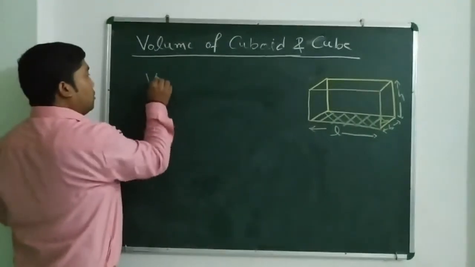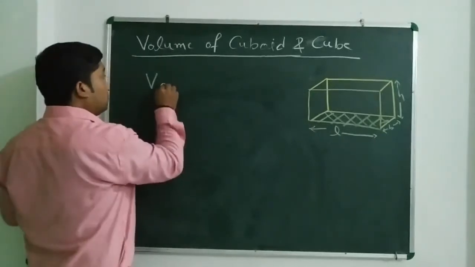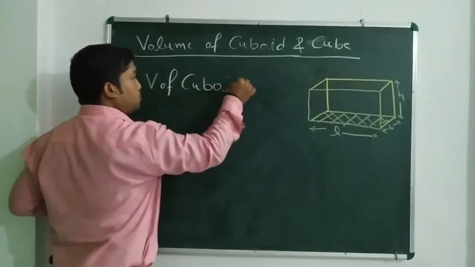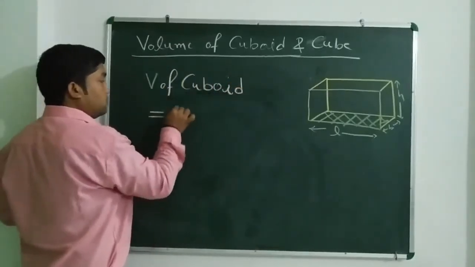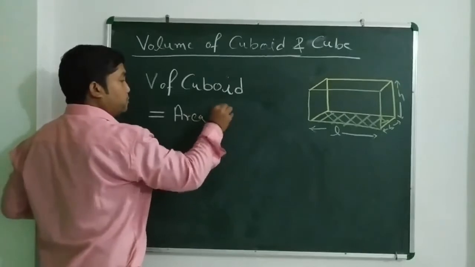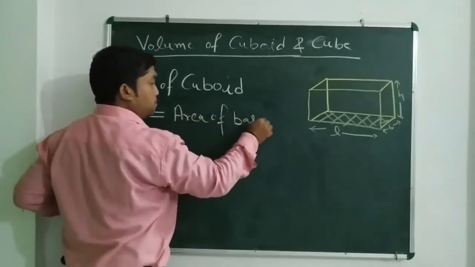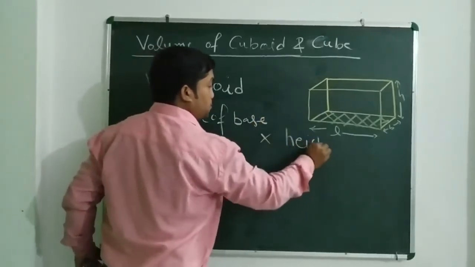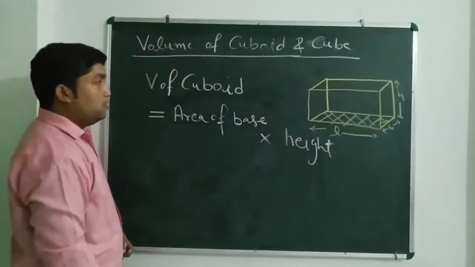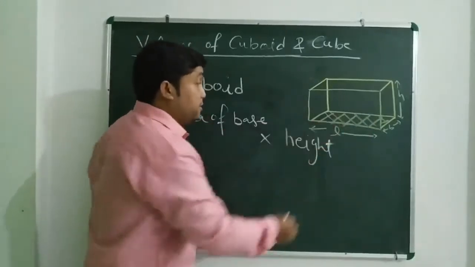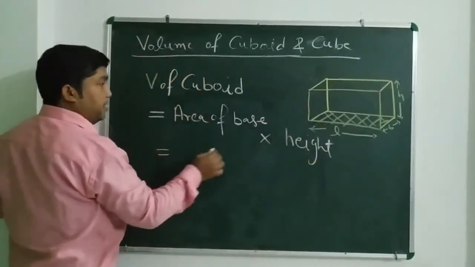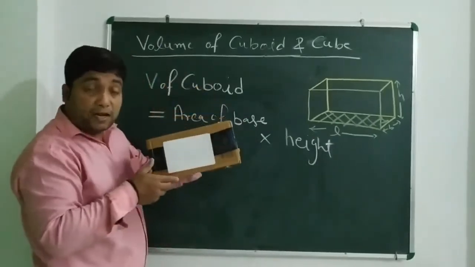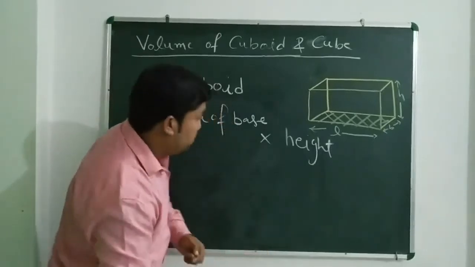It means that volume of cuboid is equal to area of base into height. You have seen that the base is a rectangle, and you know that the area of the rectangle is equal to length into breadth.